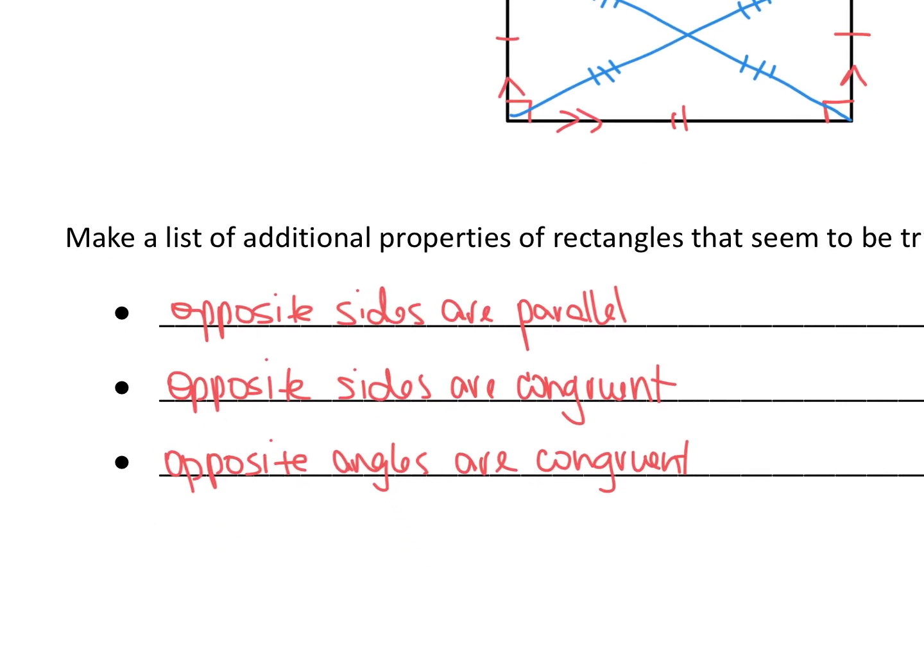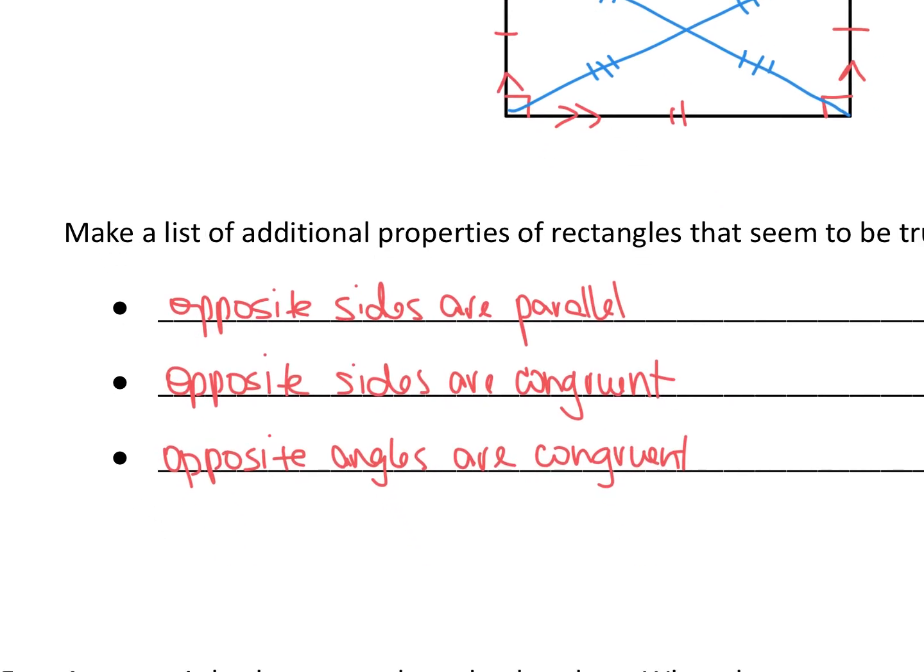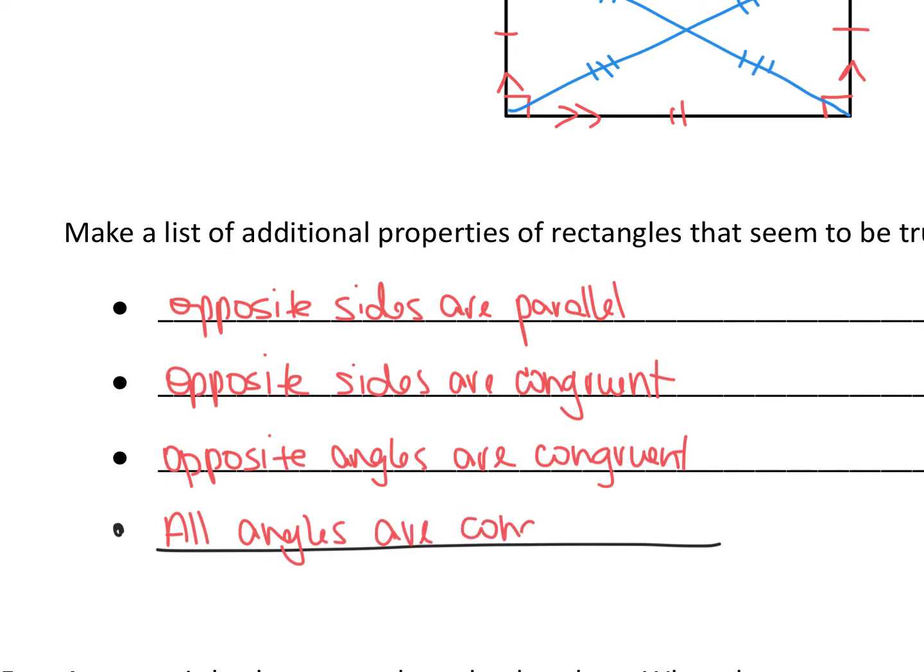Although, to be more correct, we would say that all angles are congruent. So let's add that one in. All angles are congruent. So these statements about angles are both true, but the bottom one is more correct.